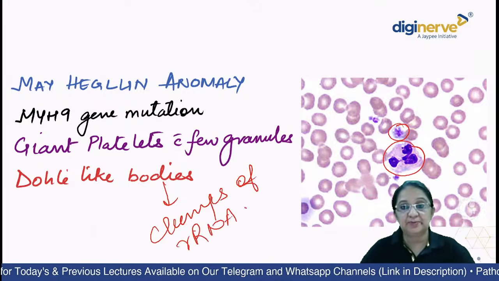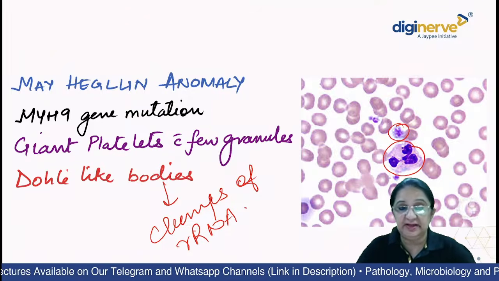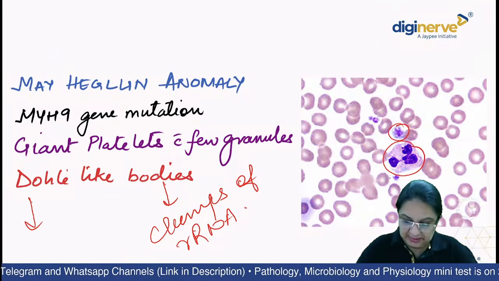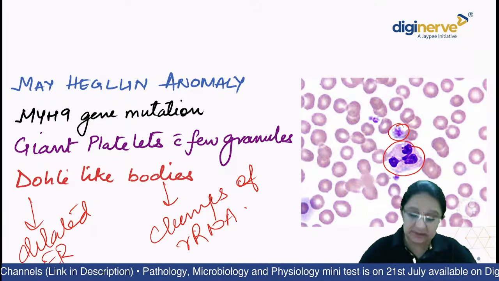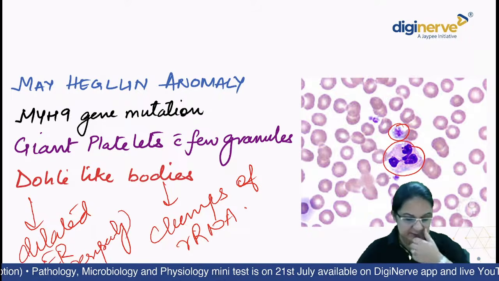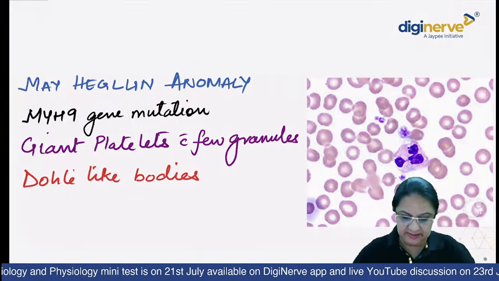What are the Döhle bodies made up of? They are made up of dilated endoplasmic reticulum, and they're usually seen in the periphery. Döhle-like bodies are not seen in the periphery. So this is May-Hegglin anomaly.